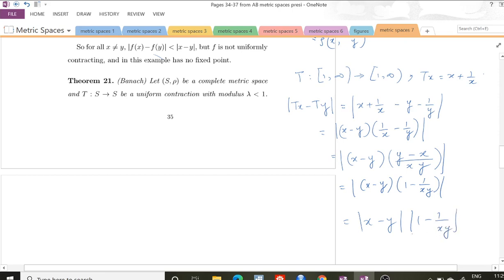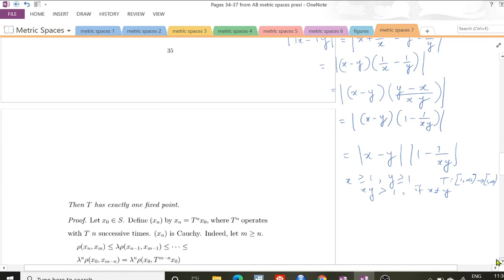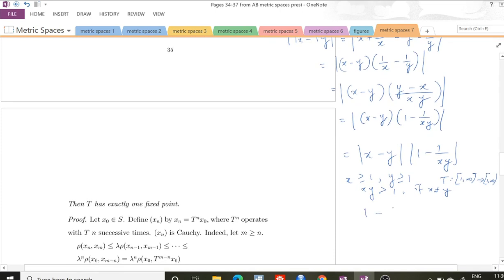Now notice that x is greater than or equal to 1, y is greater than or equal to 1, because my mapping is from 1 to infinity to 1 to infinity. And I have two distinct points, x and y. So xy is strictly greater than 1 if x is not equal to y. And so 1 minus 1 by xy is strictly less than 1.